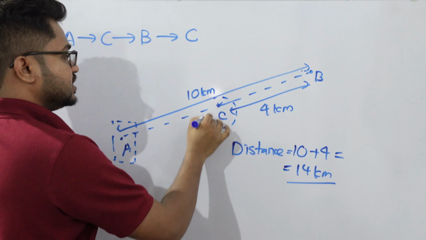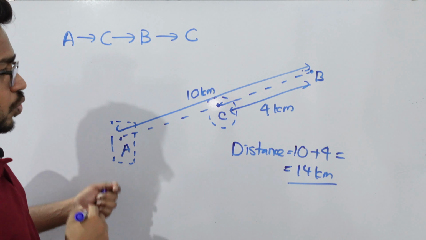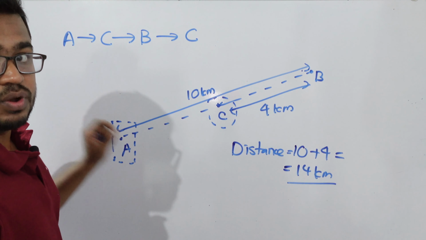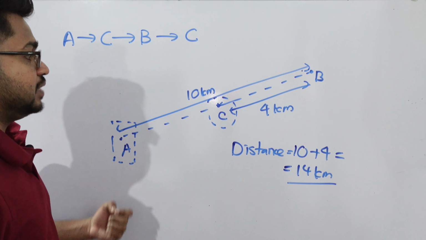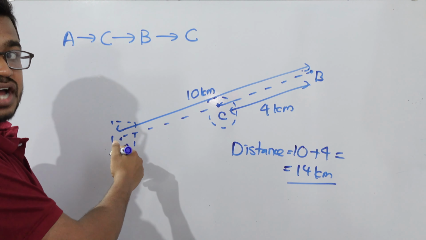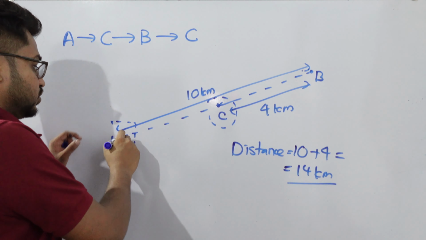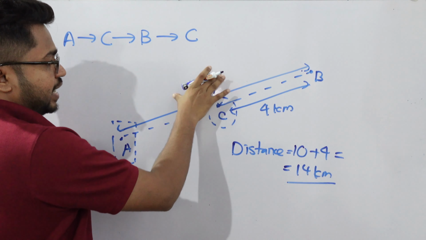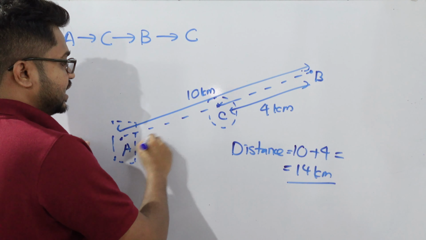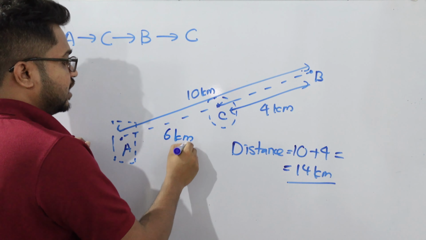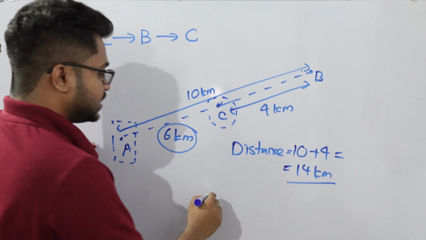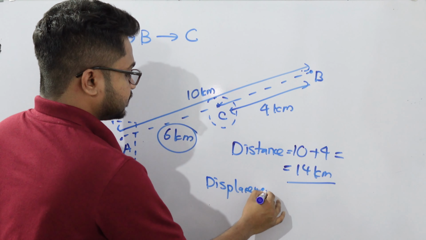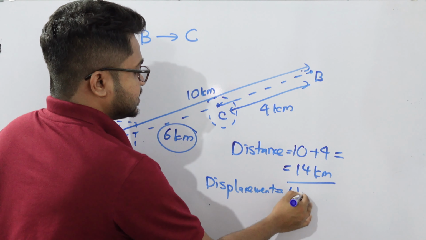He is at C. Always remember, to get the displacement we have to consider the starting point and the end point. The starting point is here, the end point is there, and this is the difference between 10 and 4. So you will see that this distance is 6 kilometers. The displacement of this person is 6 kilometers.